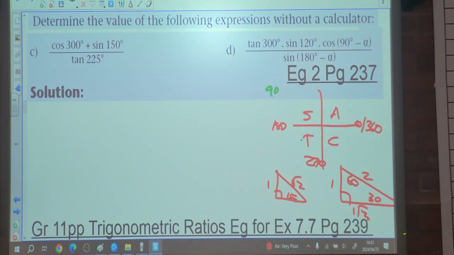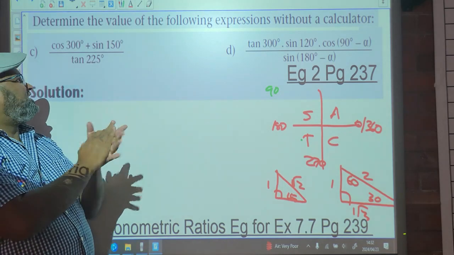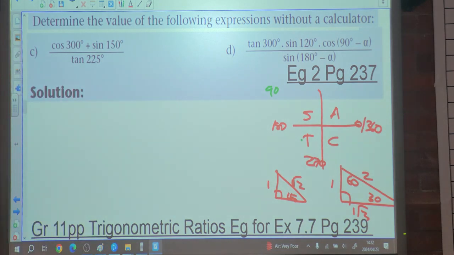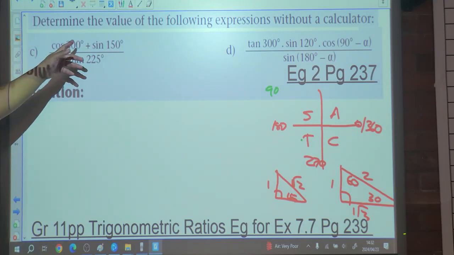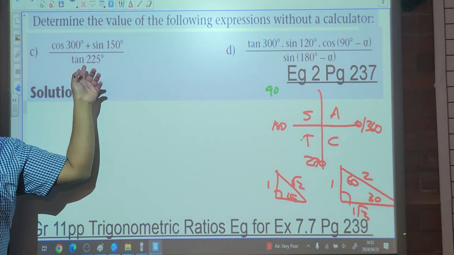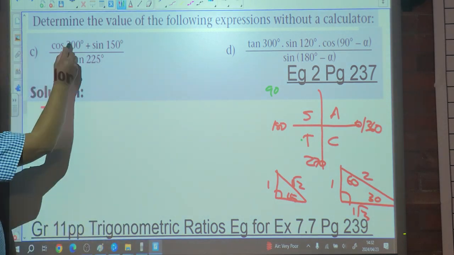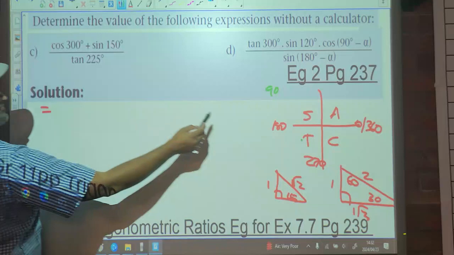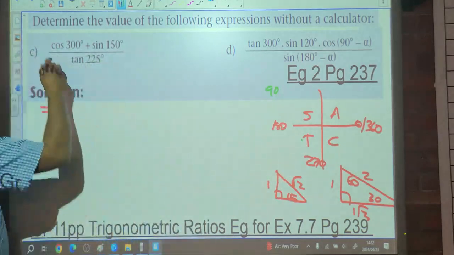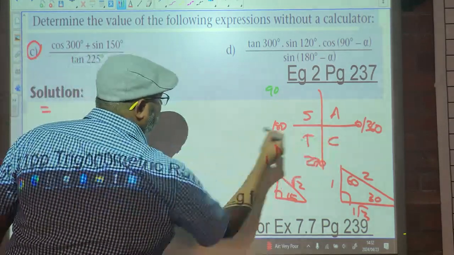The question says cos of 300 plus sine of 150 over tan of 225. Where do we start? We reduce this to acute angles first. So what is that going to give us? Which quadrant is 300 in? Fourth quadrant. Okay, how do we get in the fourth quadrant?